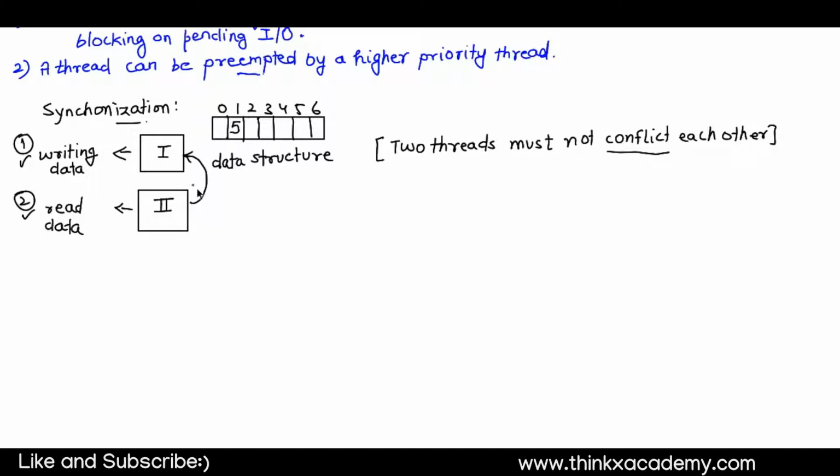So this is basically the whole synchronization problem. Synchronization basically means that when you are writing the data, at the same time you cannot read that data. So these two processes need to be synchronized. This is the exact meaning of synchronization. So the two threads should not conflict with each other.